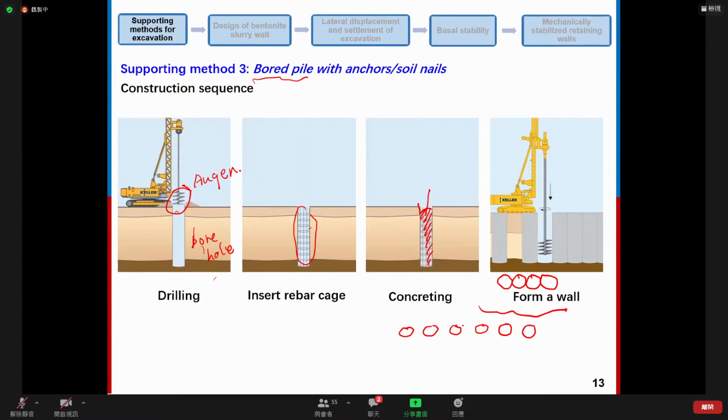However, this section is not as good as this section because the water may flow in between the bored piles. And sometimes you may also find a section in which the piles are secant to each other, like this.